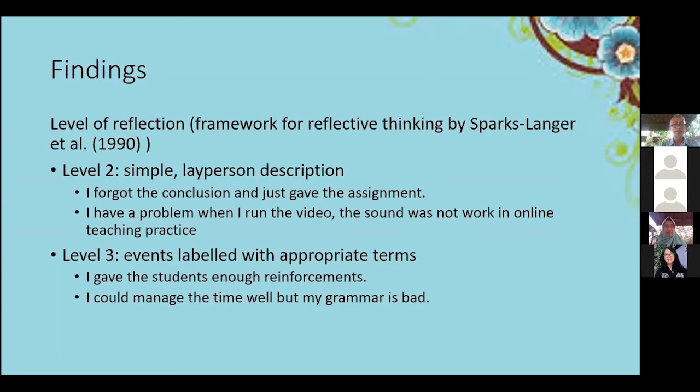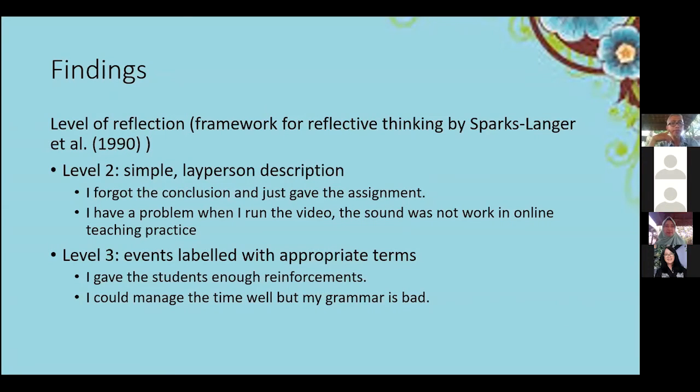For example, the student teachers will write in the reflection, I forgot the conclusion and just give the assignment. So actually in the steps of teaching, the student teacher opens the class, then gives the material, then gives the conclusion and also gives the assignment.